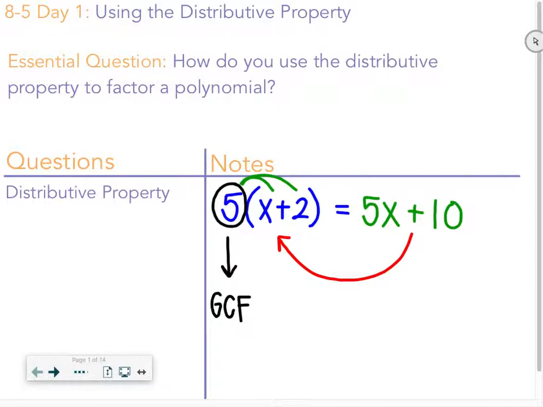So our goal today is to figure out the greatest common factor, the biggest number that can go into our terms. For example, for 5x and 10, the biggest number that can go into both 5 and 10 is 5. So that's why the greatest common factor is 5, and then I have to multiply 5 by x plus 2 to get that 5x plus 10.